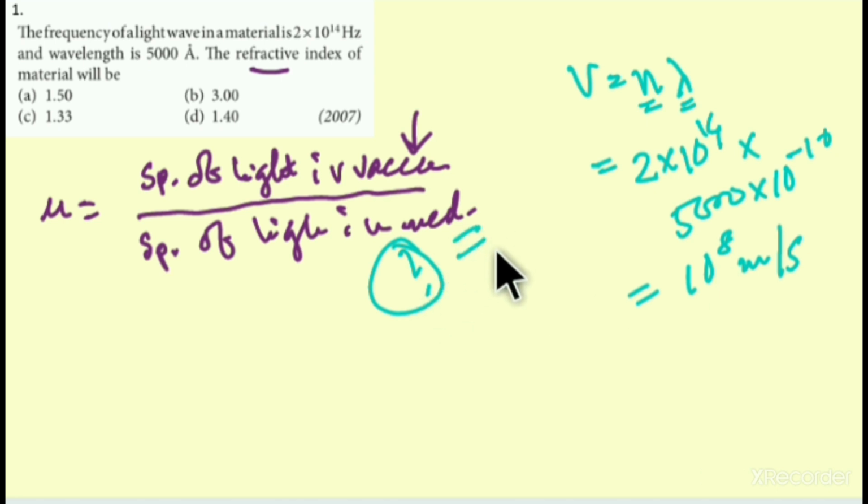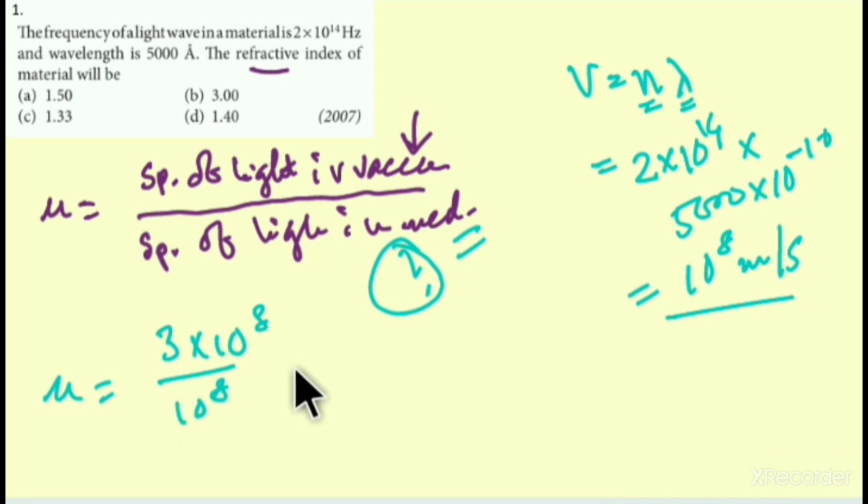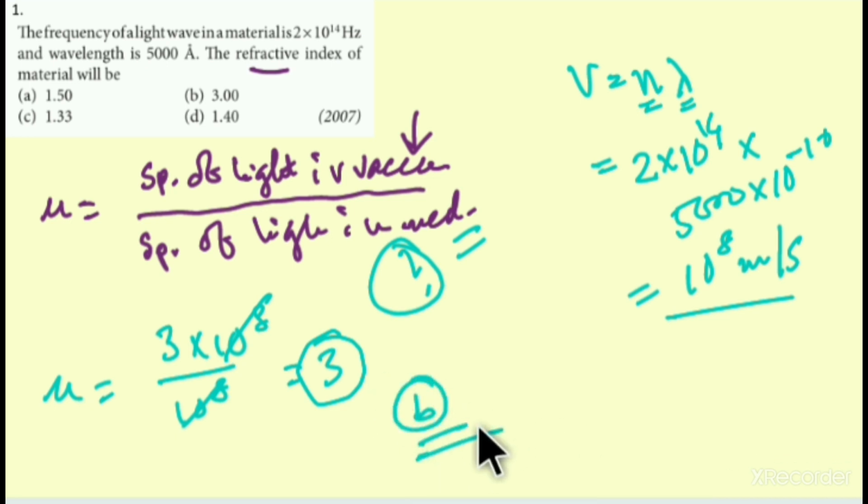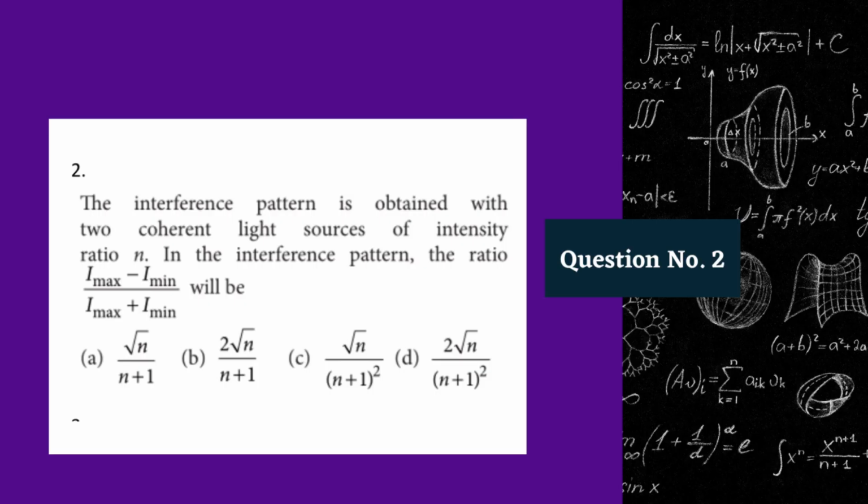So we got the speed of light in the medium. So our mu will be 3 into 10 to the power 8 by 10 to the power 8, and this will cancel out, so 3. So answer B will be our right answer.